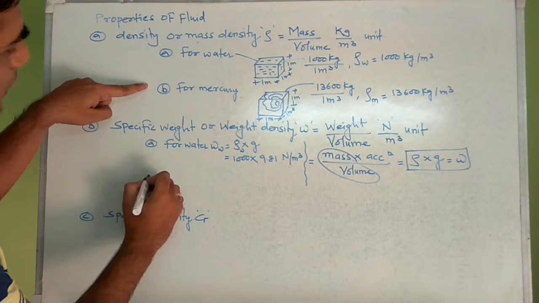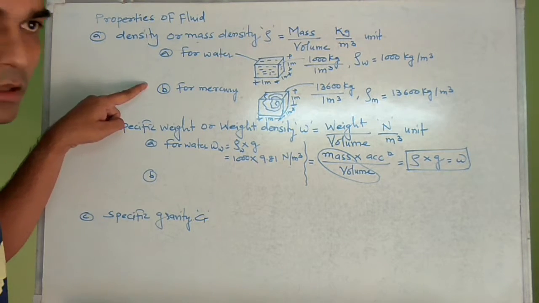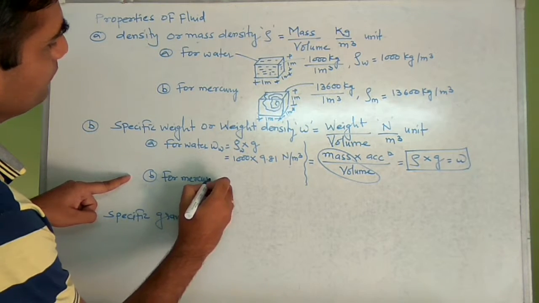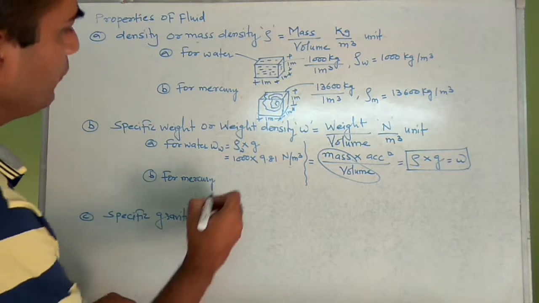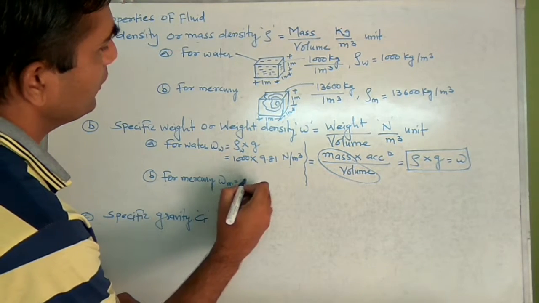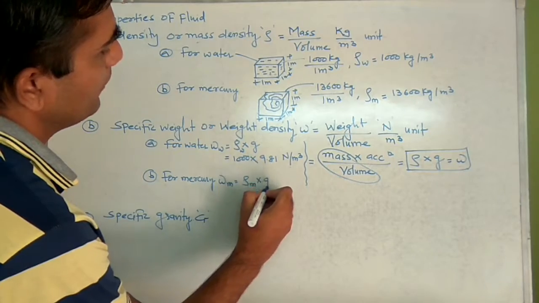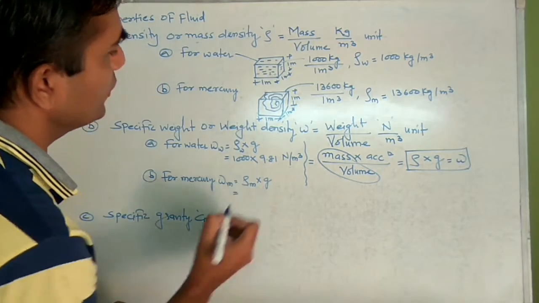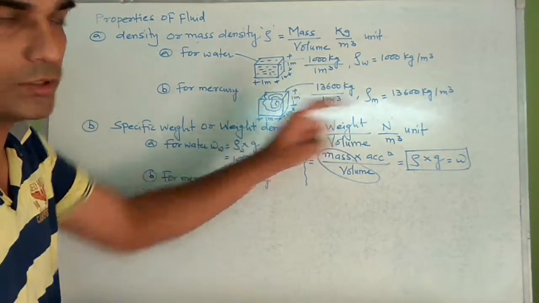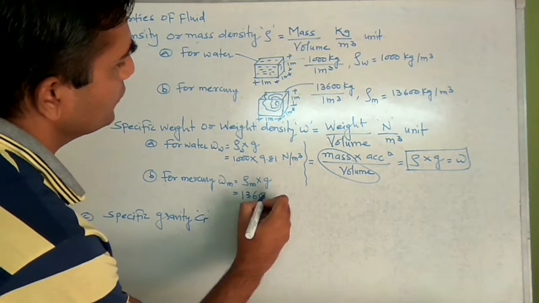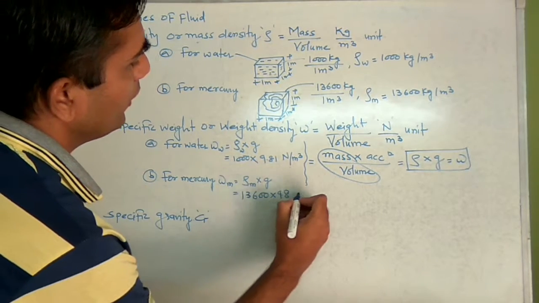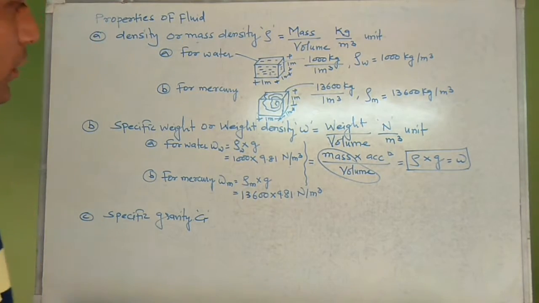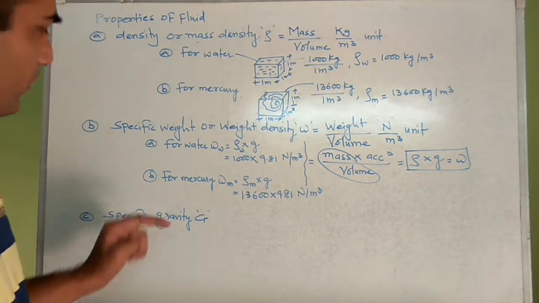Now again for second, that is B, for mercury. If we calculate weight density for mercury, the formula is same, rho multiplied by g, always considering g in weight density. So density of mercury is how much? 13600. So 13600 multiplied by 9.81, and unit is newton per meter cube. In this way we can calculate the specific weight or weight density.